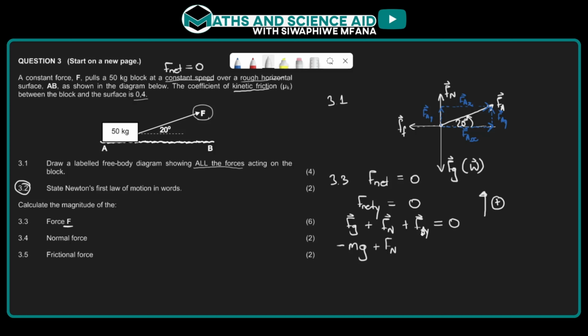And now for Fa of y, we can actually write Fay in terms of Fa here, using trigonometry, of course, because we know what the angle of Fa is relative to the horizontal. And what we notice is that Fa of y is opposite this angle, right?